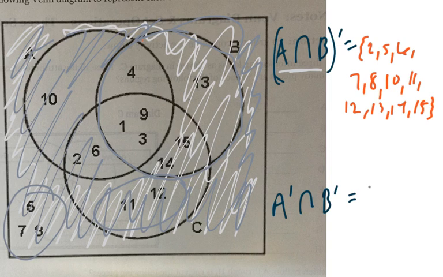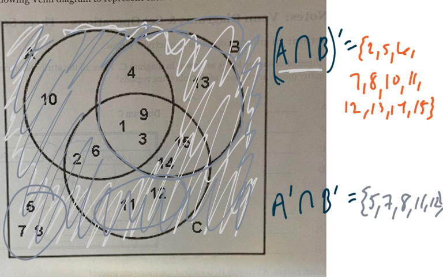That gives us the set 5, 7, 8, 11, 12. We now have a counterexample because these two sets are not the same. So, with that counterexample, we can show that this is not always true.